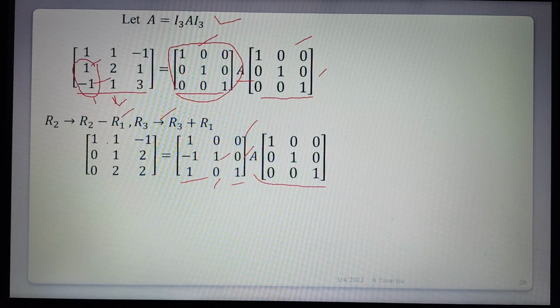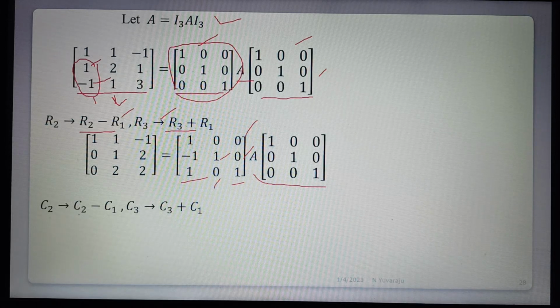Next, similarly the column operation, the same operations as the row operations R2 minus R1, R3 plus R1. So similarly the column operations C2 minus C1 and C3 plus C1, the same operation must be used. So here, this element is zero, and this element is 0.